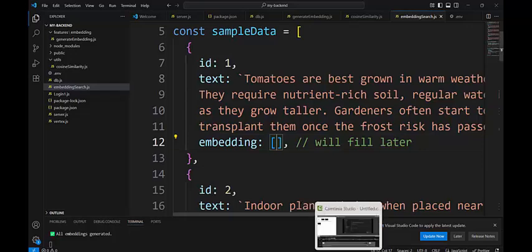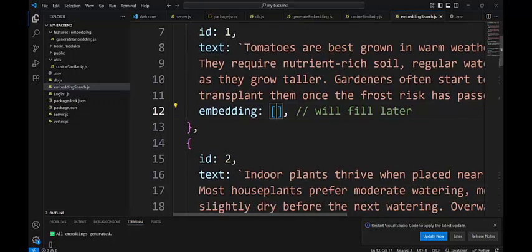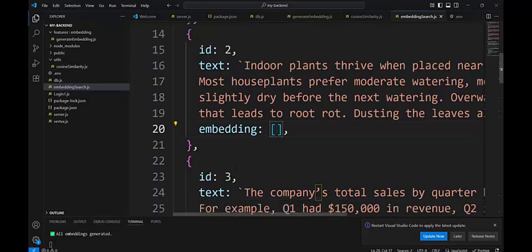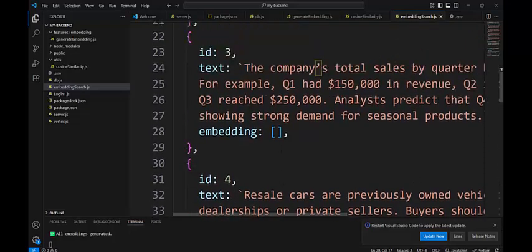one vector. Every one of these four data will have one embedding vector. Who returned that embedding vector for this data? The embedding model returned it. Here it is.